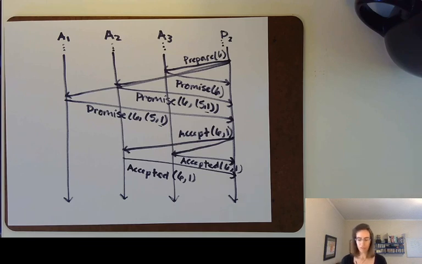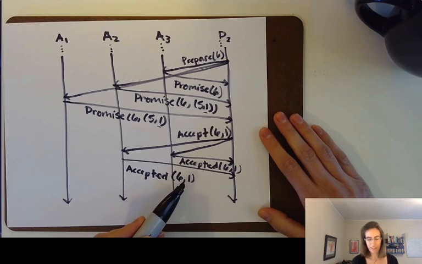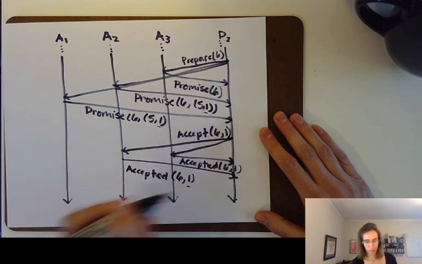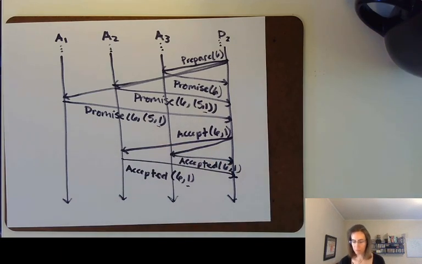Okay. So notice that this doesn't do anything to invalidate the earlier consensus that was reached on the value of 1. It has a higher proposal number, but the value is the same. So that's why we had to add this extra subtlety to the behavior of the proposers and the acceptors, because we needed to make sure that a previously accepted value got repeated and reinforced.